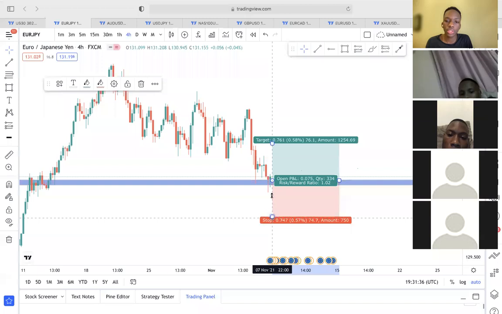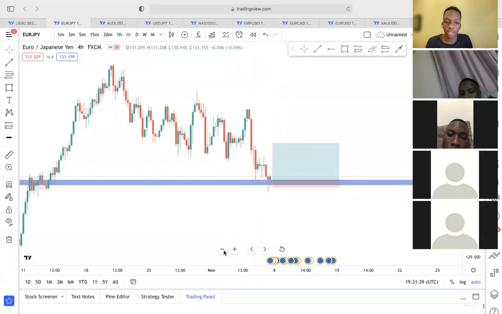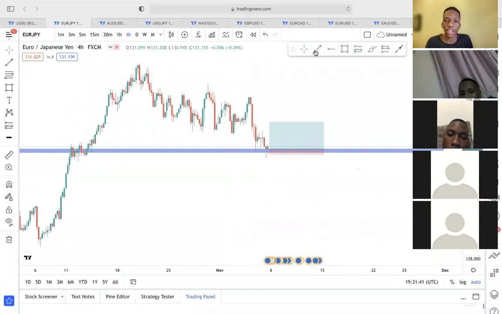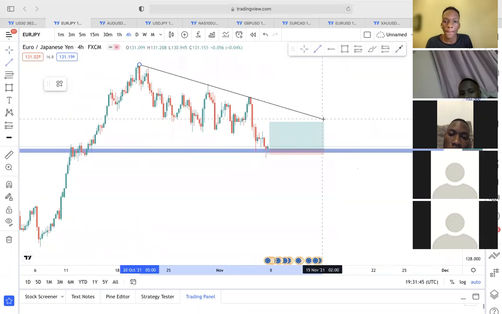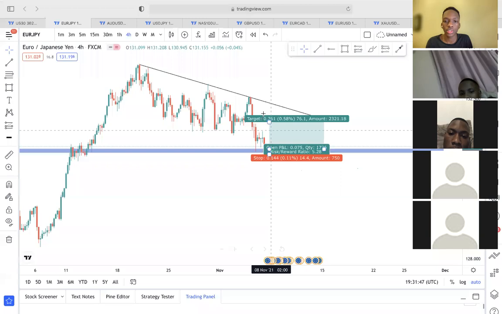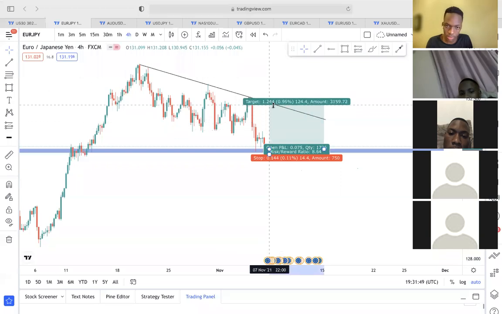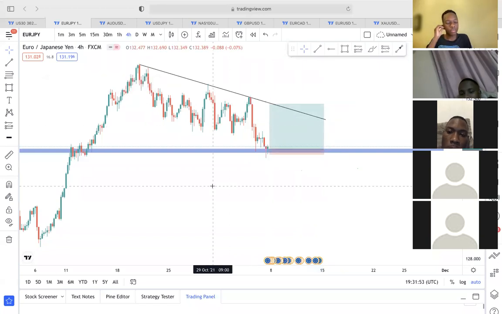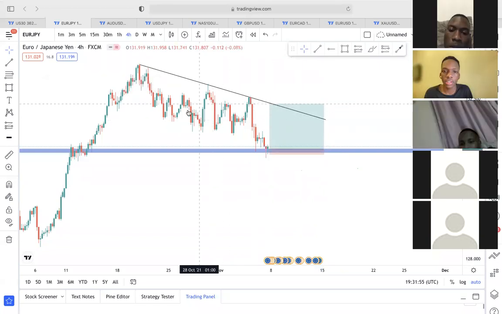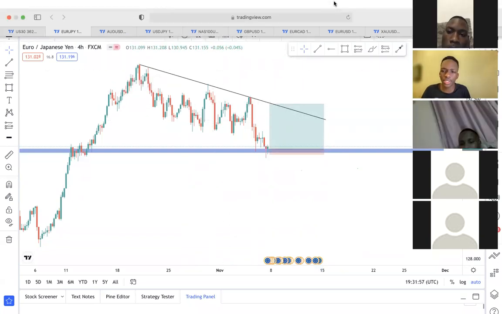And I'm going to show you the target. Target is the downward trend line. So you can see that high over there. So there we go. Target is the trend line. I'm sure most of you guys have noticed my style of trading. I don't say the target is 14,800.